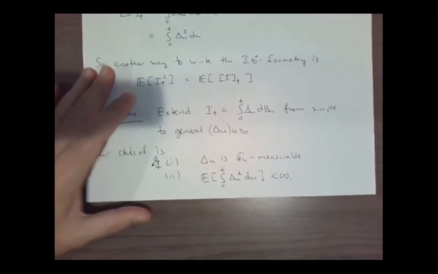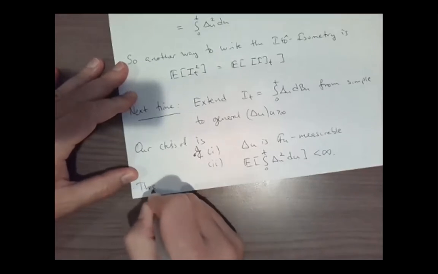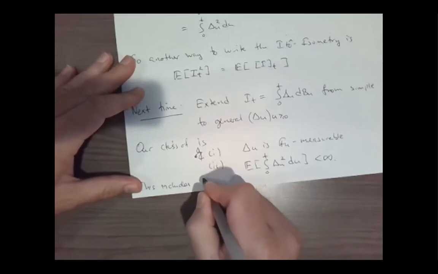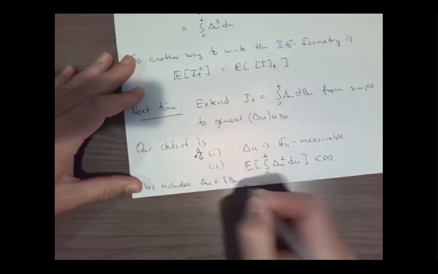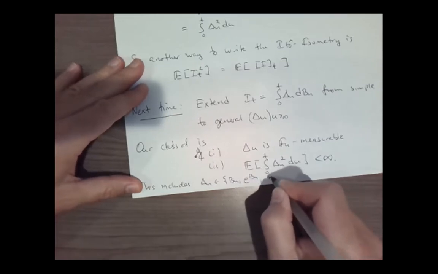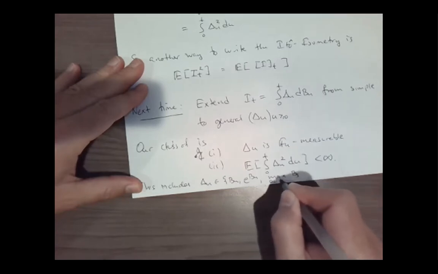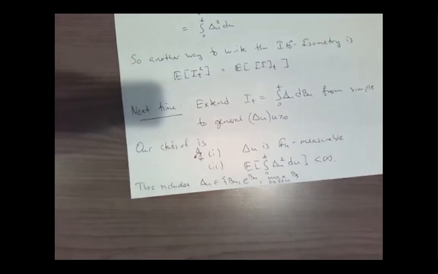So this includes delta u being b_u, delta u being e to the b_u, delta u being the max of b_s up to u. What were the other ones we had in the beginning?